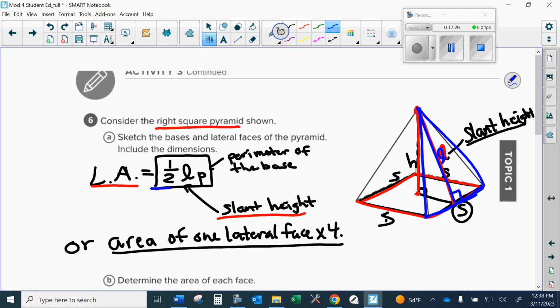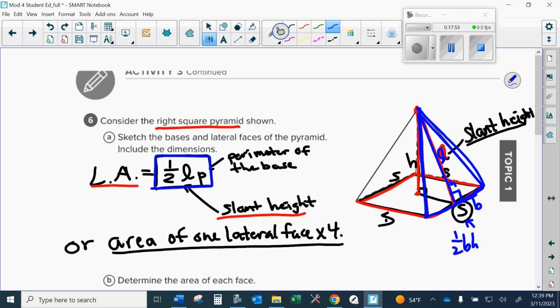So some people have difficulty memorizing 1/2 LP. Well, what you can do is just calculate the area of one of these, as I used to do in high school, and multiply by how many there are, 4, because there's 4 sides on the base. So I can just do 1/2 base times the height of one of these sides right here, and take that answer and multiply by 4.